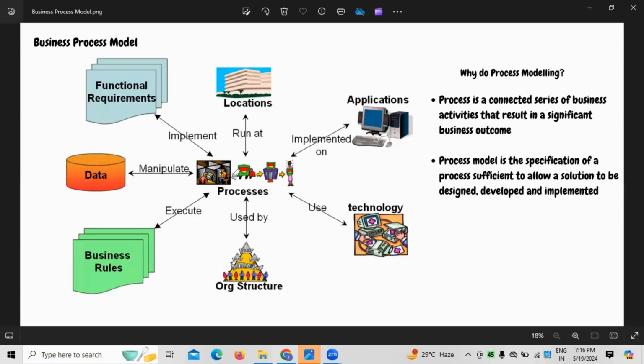It will not be the same for all the organizations. It depends on the business rules the organization consists of. Again, business rules are not something independent on their own for the organization. Sometimes even government mandates and government decisions will also impact the business rules, or the kind of business strategy we have planned.